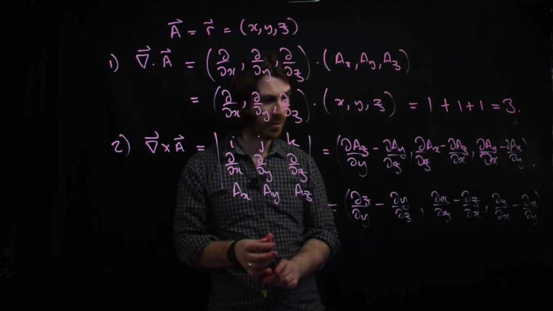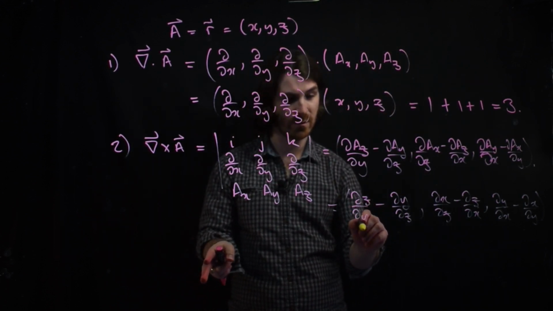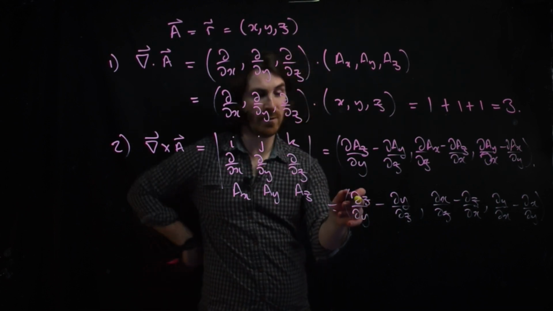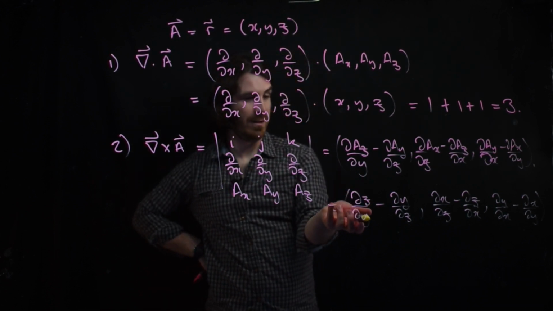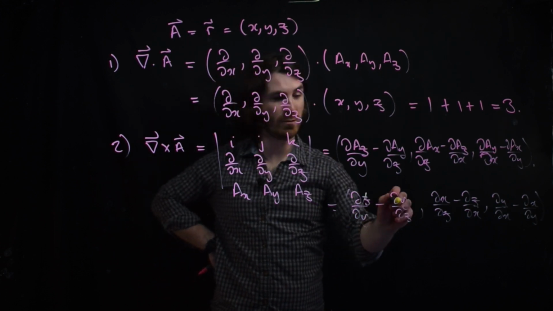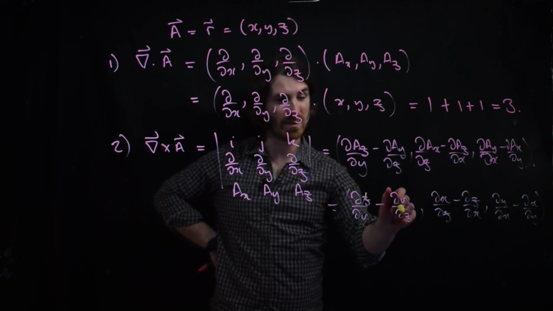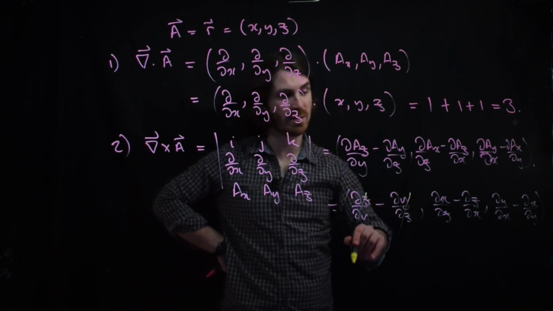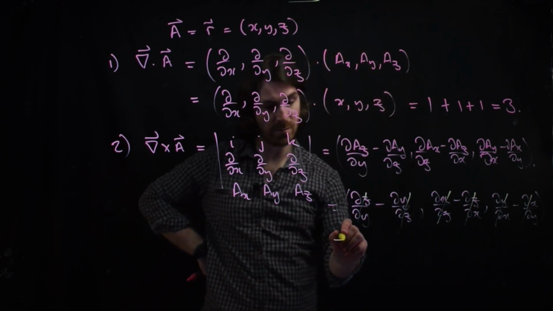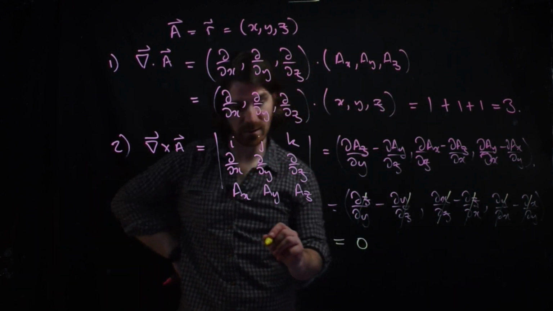You'll note that all these partial derivatives give 0. So dz by dy means differentiate z with respect to y, holding x and z constant, so this is 0. dy by dz holding x and y constant, 0. Same with these, these are all 0. So the curl of A equals 0 in this case.